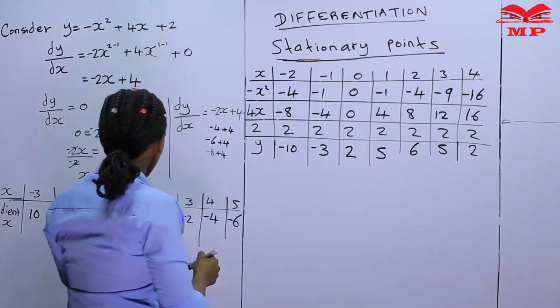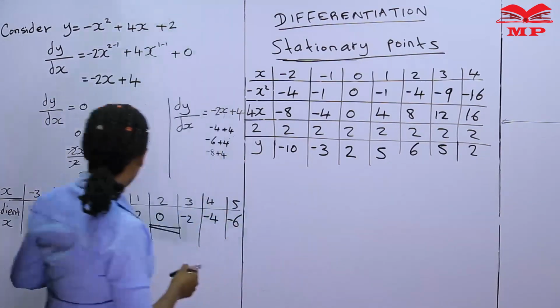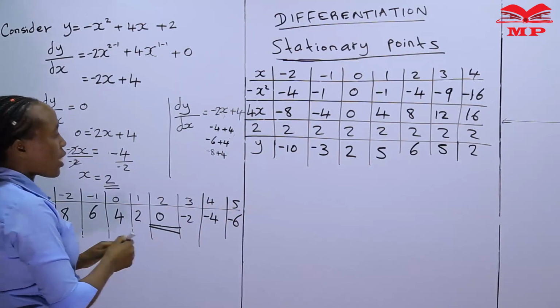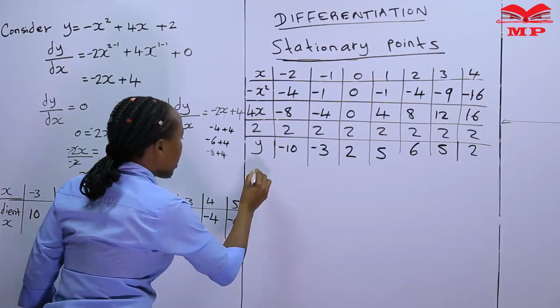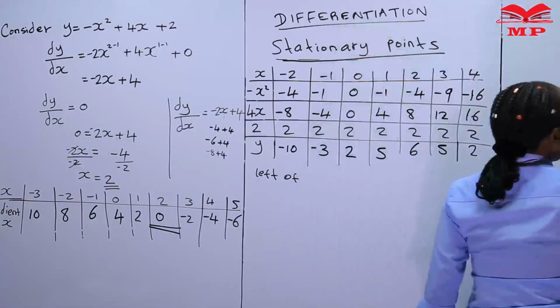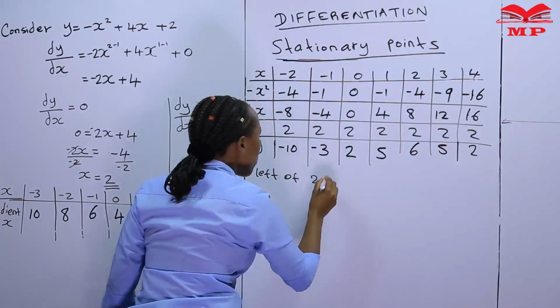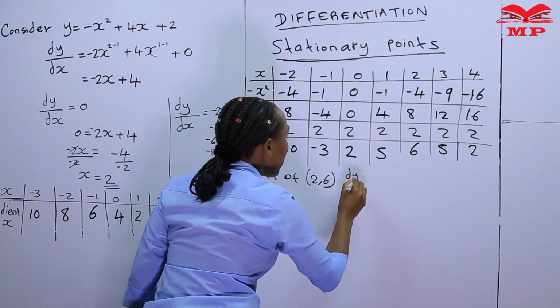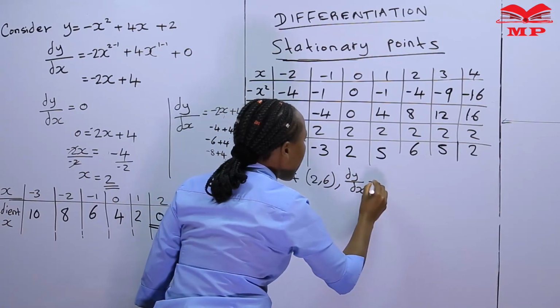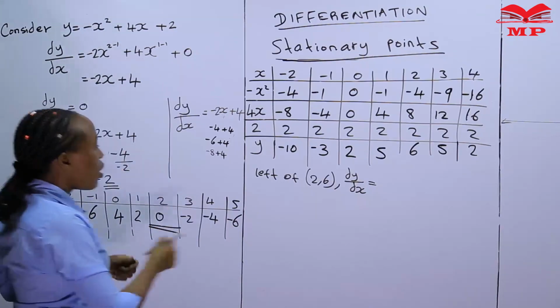And we can see on the left side, we have our gradient as positive. So on the left of this point, our turning point is (2, 6). To the left of it, the gradient dy/dx is positive.